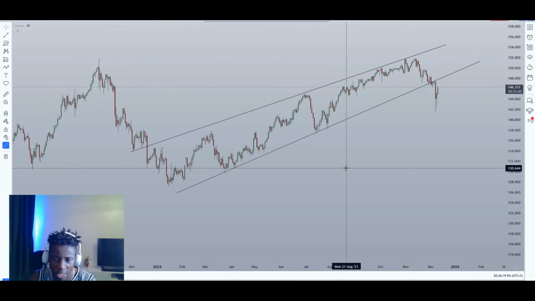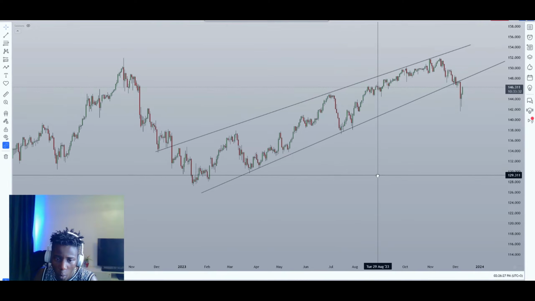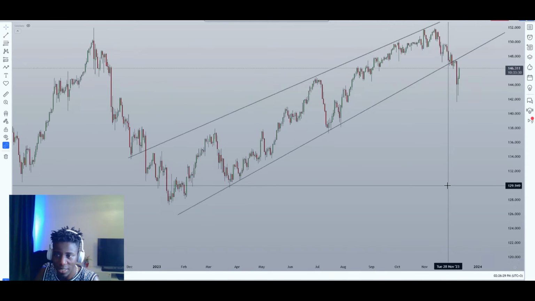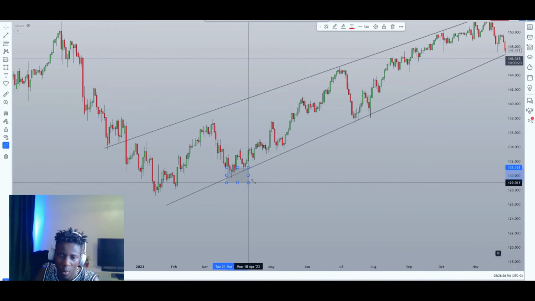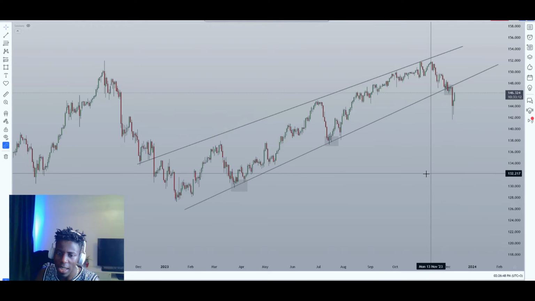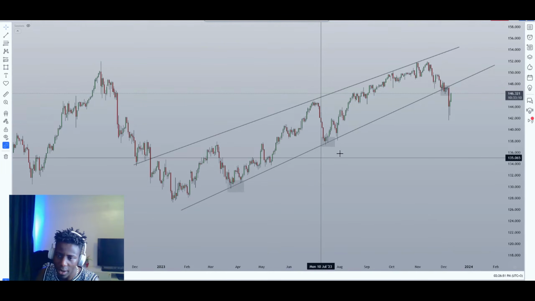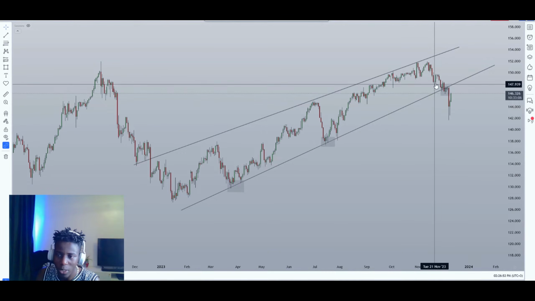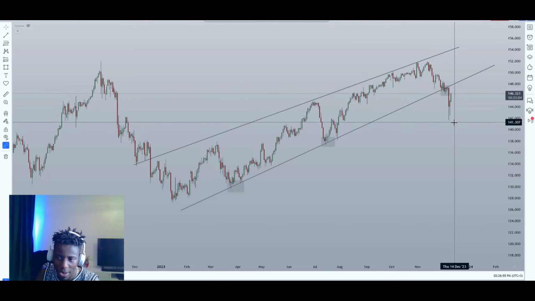Most people can use moving averages, support and resistance levels, or trend lines. The number one tool that I would tell you to use is a trend line. It can tell you whether we are in an uptrend or a downtrend. Like this is the first touch, second touch, and third touch, isn't it? But we see some kind of a break to the downside.